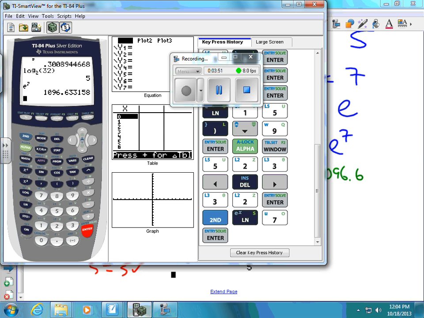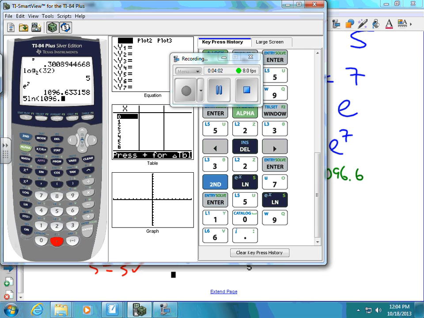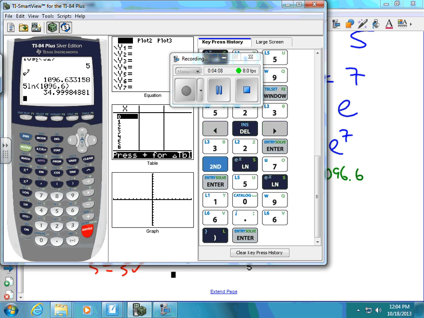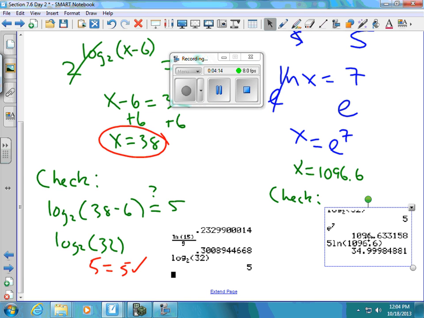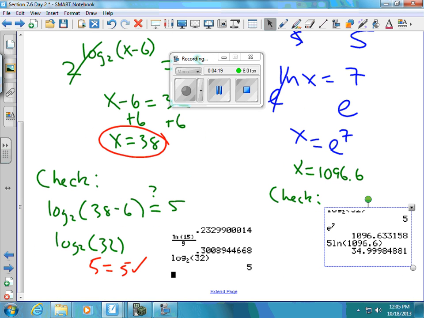We're going to do 5 times the natural log of, and we'll just approximate it, even though I could just use the answer button, 1096.6, and I get 34.99999, which is very close to 35. Why is it off by a little bit? Because we rounded it. Okay, we rounded that 1096.6 instead of having a full decimal. So that's exponentiating.